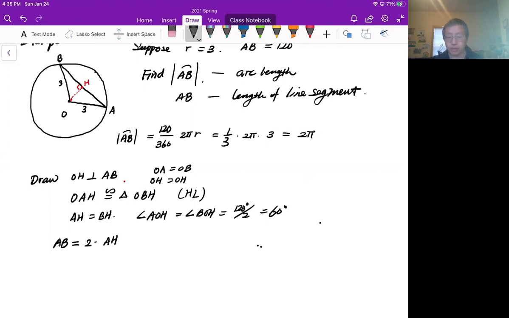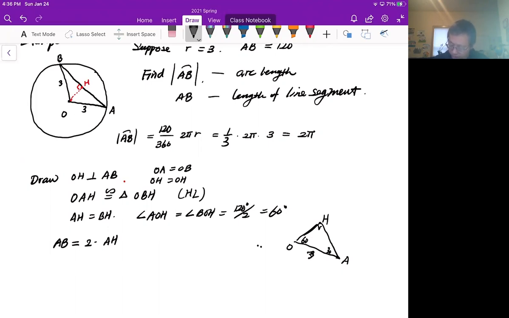If it's equal to 60 degrees, then the triangle is a 30, 60, 90 right triangle. So let me just draw that right triangle here. This is A, this is O, and this is H. This is 3, with a 60 degree angle and a right angle here, and 30 degrees here.